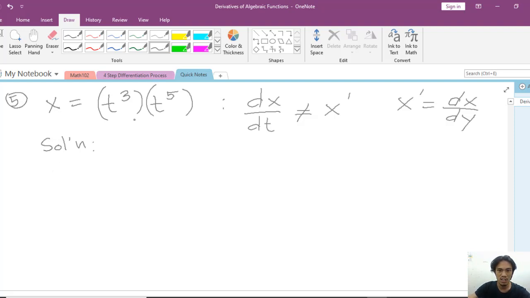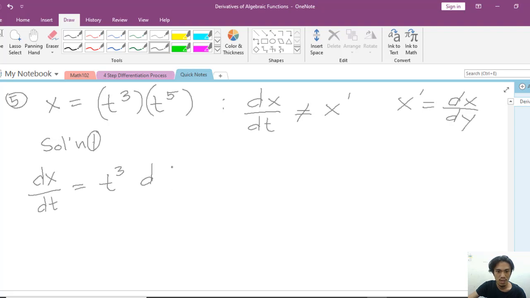Continuing, we are looking for the derivative of x with respect to t. Let's make this solution 1. We can use the product formula. For the product formula, we will copy the first function, t raised to 3, times the derivative of the second part.